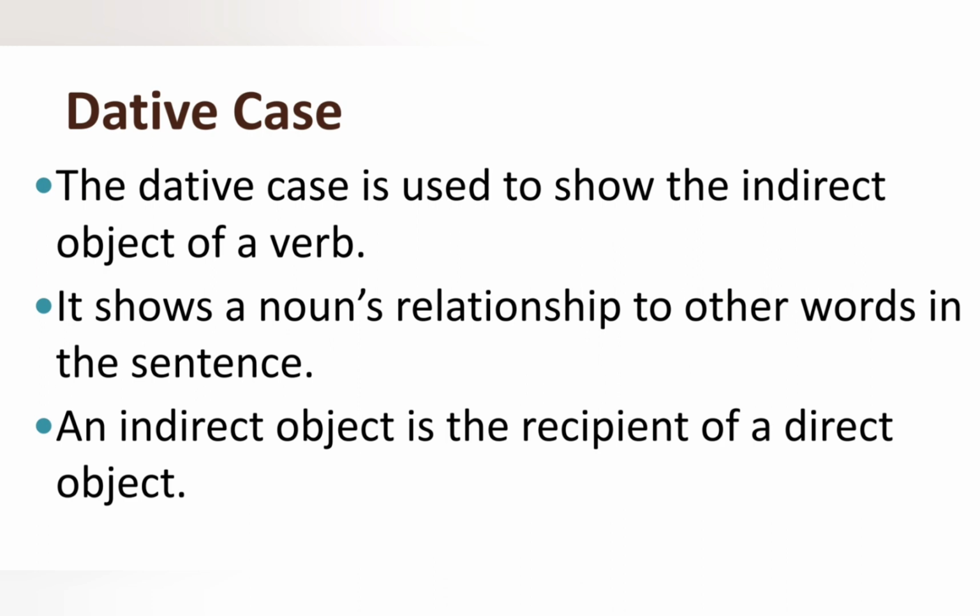The dative case is used to show the indirect object of a verb. It shows a noun's relationship to other words in the sentence. An indirect object is the recipient of a direct object.